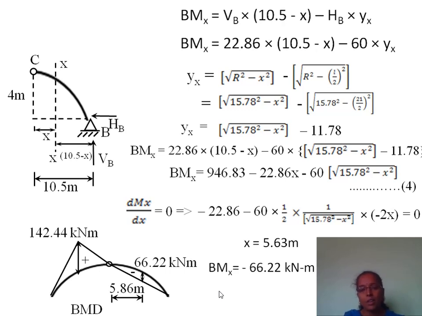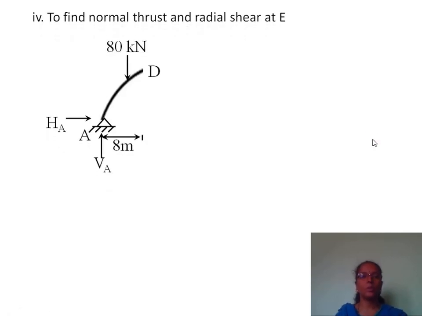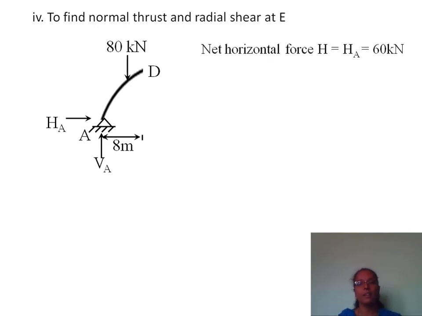So we have calculated the reactions and drawn the bending moment diagram, and the next step is to calculate normal thrust and radial shear. To find normal thrust and radial shear at 8 meter from the left end, let us consider the section up to that point E. This D is the point under which the point load is acting. To calculate normal thrust and radial shear, we have to calculate the net horizontal force at the required point.